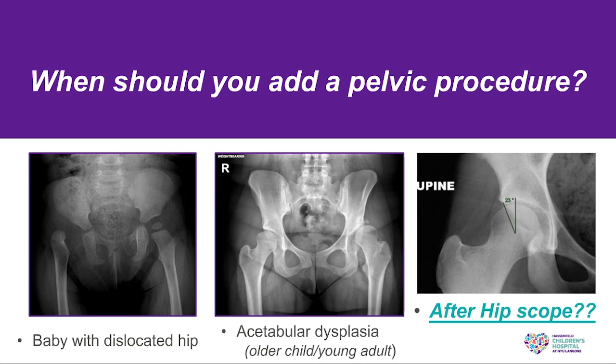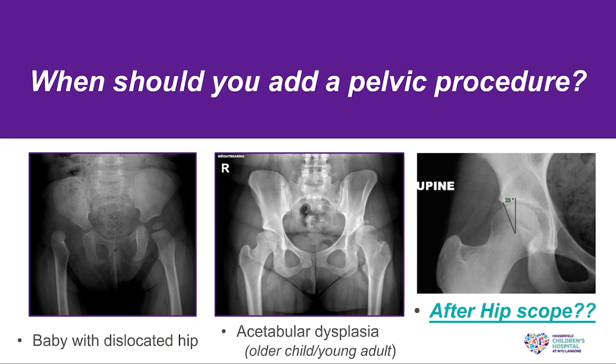So when in these hips do we need to think a little bit more about adding a pelvic procedure? Obviously, I've showed you the baby with the dislocated hip, but what about in an older child or a young adult that has acetabular dysplasia?